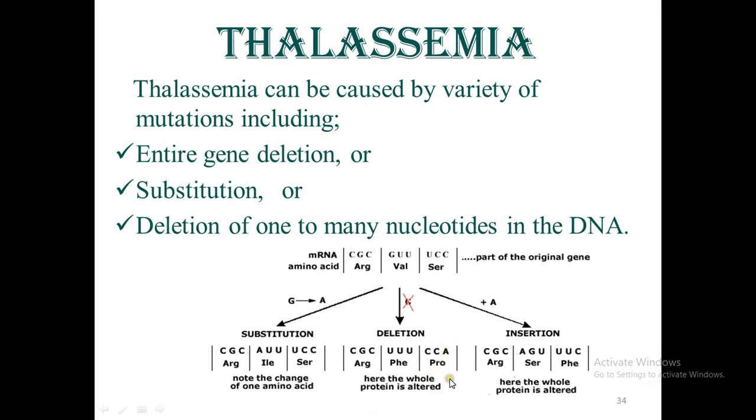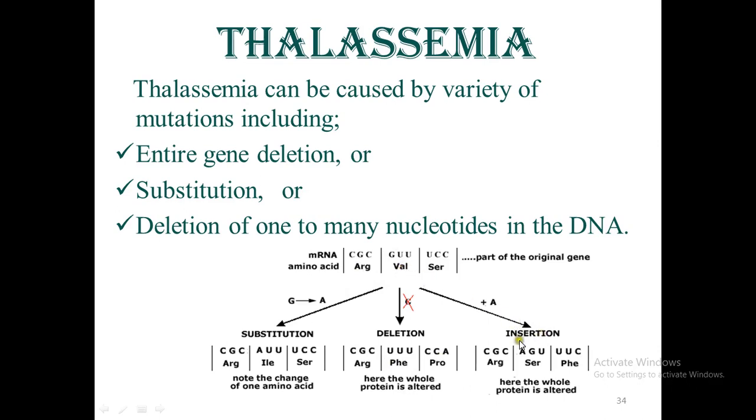So the whole protein is altered. In the first case, there is just one amino acid that has been changed, so it's called a substitution. But here the whole protein is altered: arginine, phenylalanine, proline. It is so different from the original, which should be arginine, valine, serine.